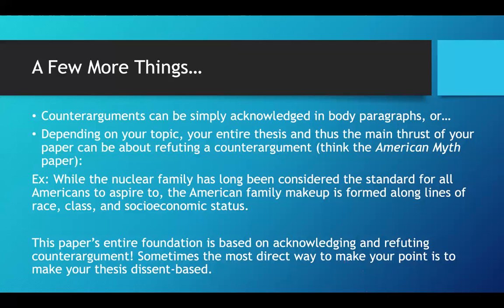And then right after the comma, we get into the refutation of the counter argument. So now this is your argument back. The American family makeup is formed along lines of race, class, and socioeconomic status. So this paper's entire foundation is based on acknowledging and refuting a counter argument. Sometimes the most direct way to make your point is to make your thesis dissent-based.